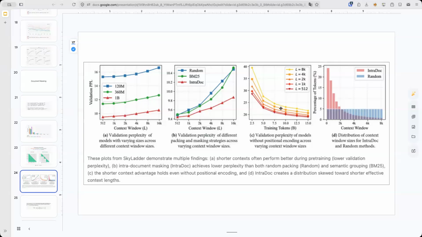Which means that positional encodings are not the only factor that affects rising perplexity, because otherwise, probably, we would see that perplexity of the longer contexts would be lower than perplexity of the shorter contexts, I think.